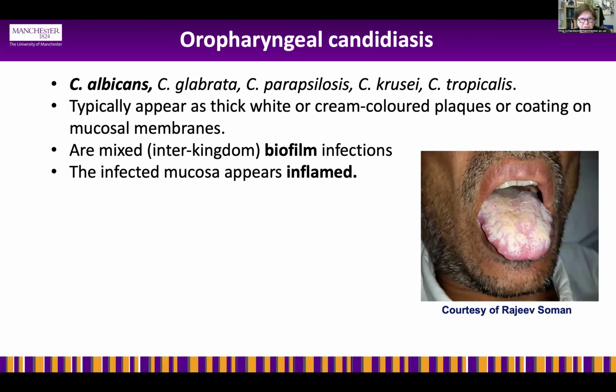Now, focusing first on oropharyngeal candidiasis, the list of Candida species associated with it is the classical list, ranging from albicans, glabrata, parapsilosis, krusei, and tropicalis, depending on your local epidemiology.